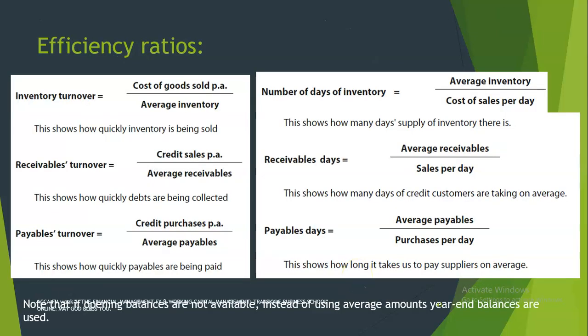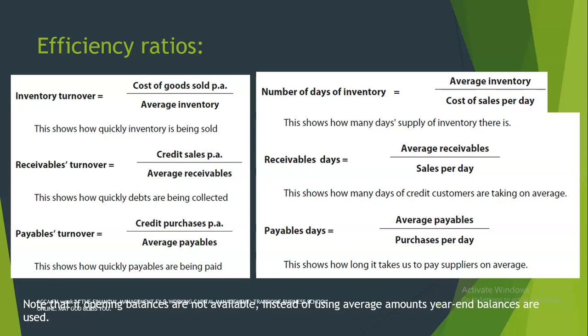All right, efficiency ratios. These ones give us more insight into how efficient we are in bringing our inventories or receivables into cash. How efficient are we? Let's start with the inventory turnover.